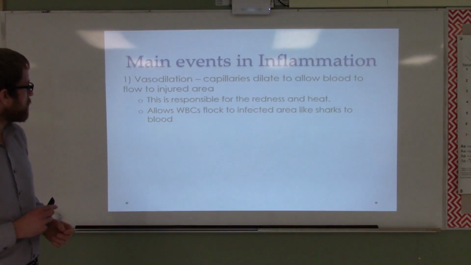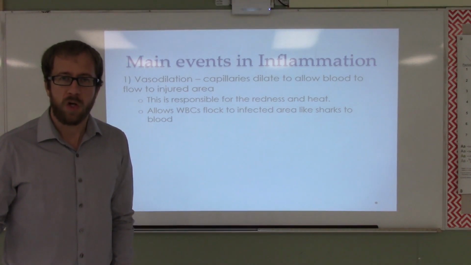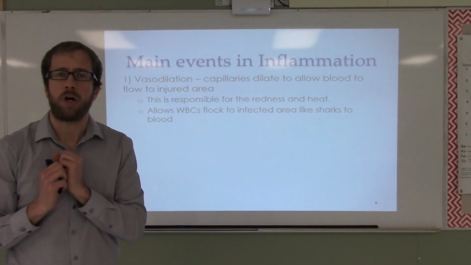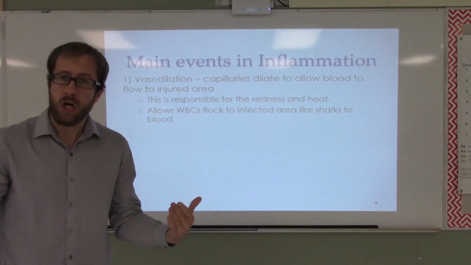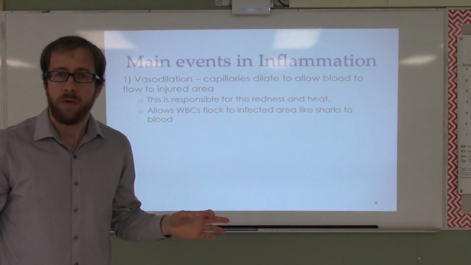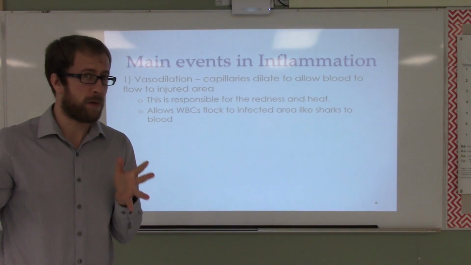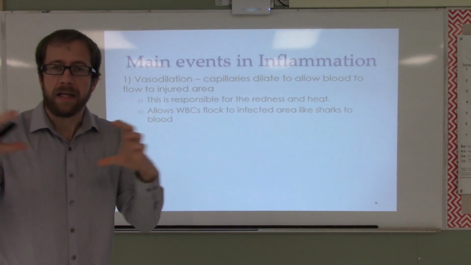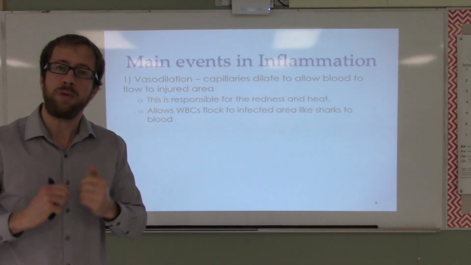Now, what are the main events? Well, vasodilation is a really big one. So, if you injure an area, your blood vessels are going to dilate in that area, and as a result, you will have fluid leaking out of your blood vessels. Remember, your capillaries, are they really thin? Are they really thick? Do you remember? Right, they're one cell thick. So if they dilate, it makes it a lot easier for fluids to leak out.